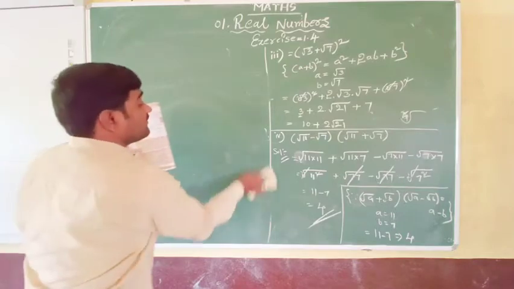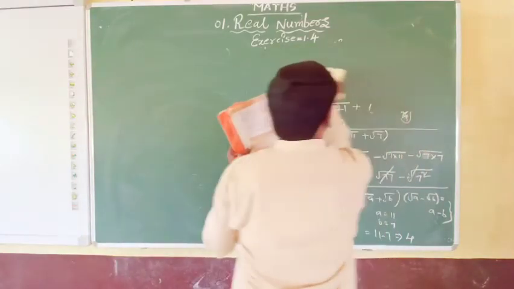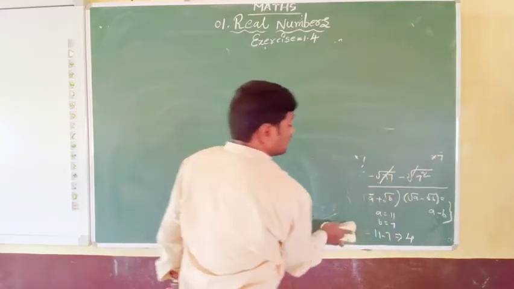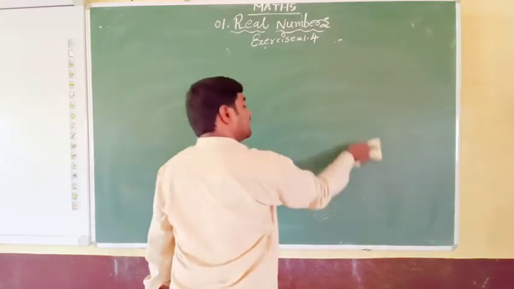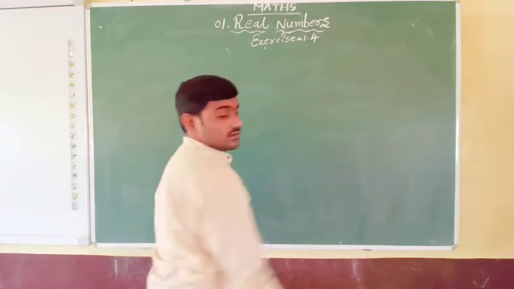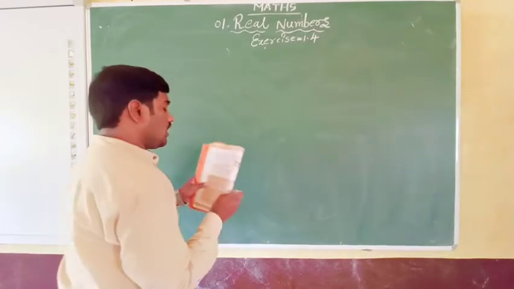Here in the second bit we need to classify whether the given numbers are rational or irrational numbers. As I said before, the sum of one rational number and one irrational number is always an irrational number. But the sum of two irrational numbers may be rational or irrational.